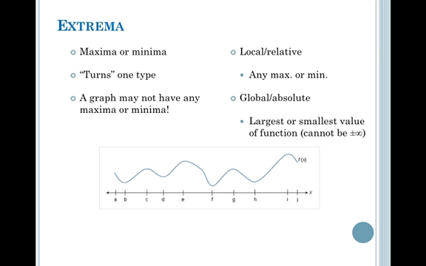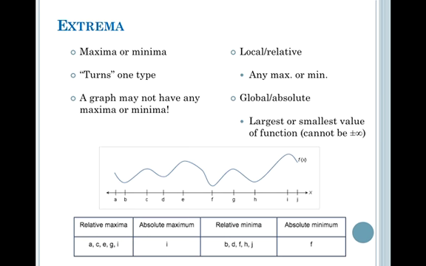H is another valley, that would be our local minimum. I is another peak, so that would be a local max. Also, I is the largest maximum, so that would be our global or absolute max. And J would be a local minimum, because a little bit to the left of J, the graph is bigger, so J is the smallest value in that immediate interval.